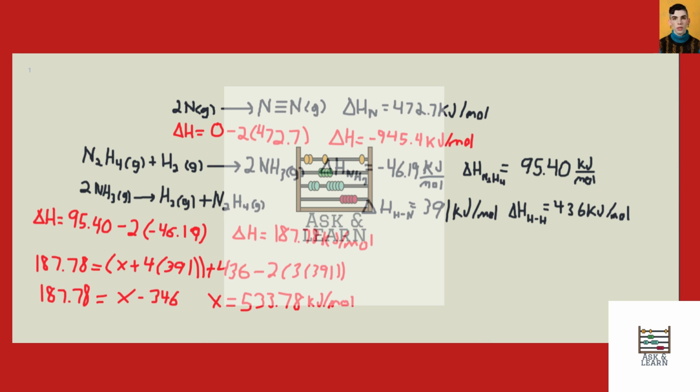Now we can approximate it like this. We're going to have this kind of reaction: 2N gas yields N2 gas, so we're assuming it's an NN bond.